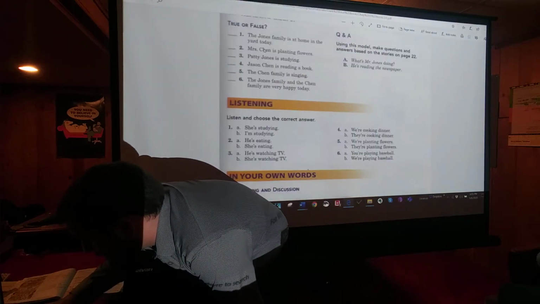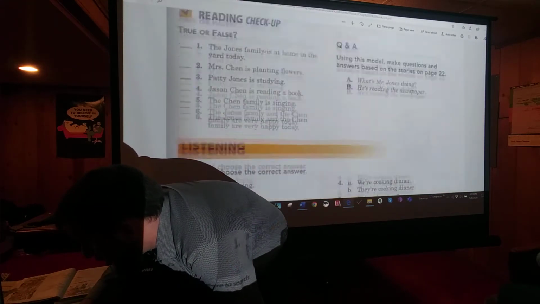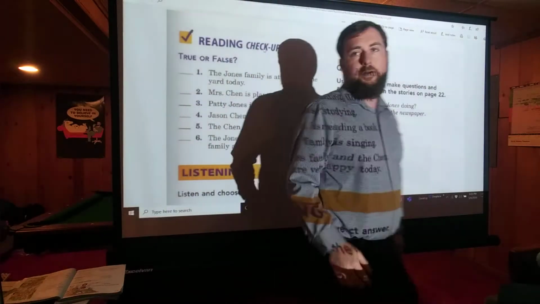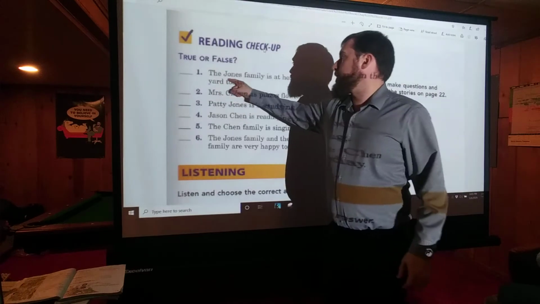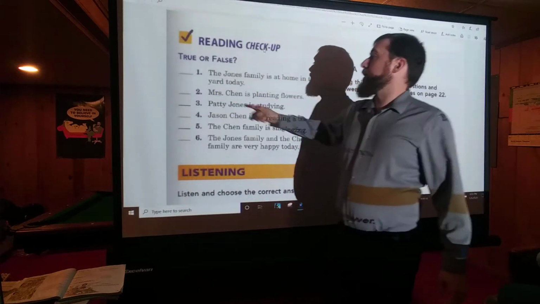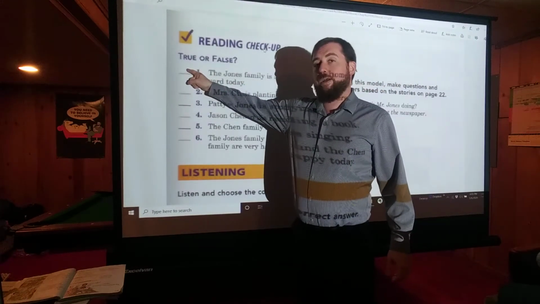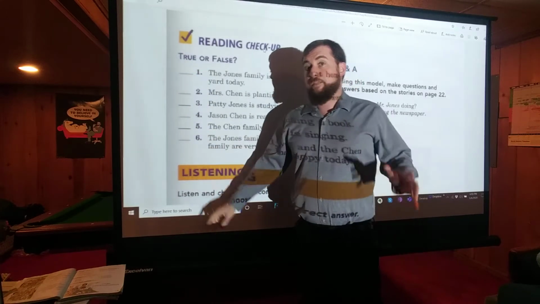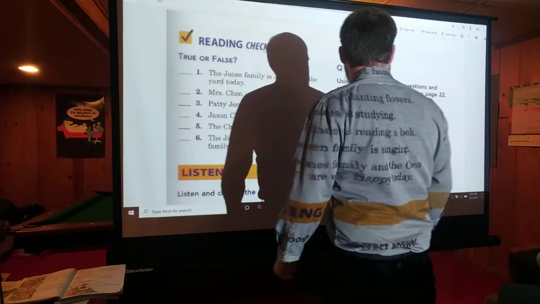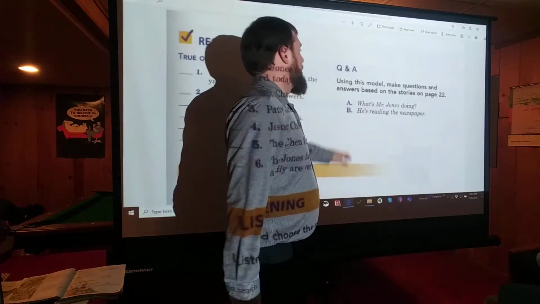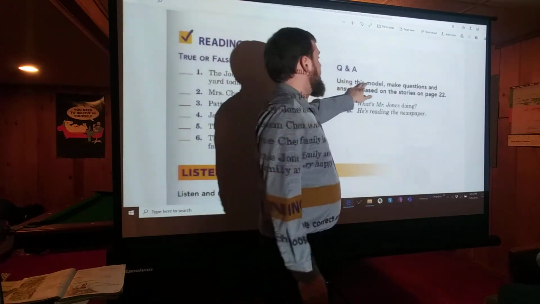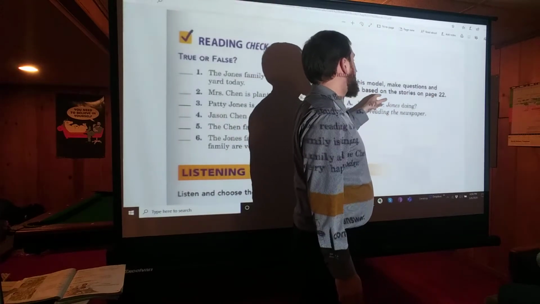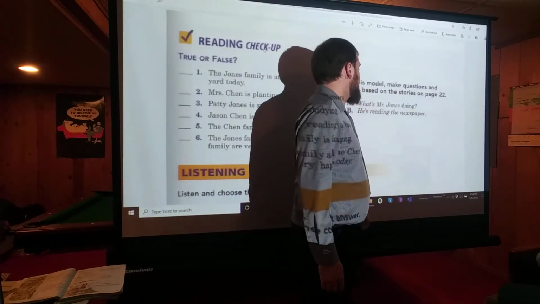And then when you're done, take out page 23. The first thing we're going to do is a true or false. Good old-fashioned true or false. You're going to read these sentences, and you're going to write T for true or F for false next to each one. Then you get over to here, and it says, using this model, make questions and answers based on the stories on page 22.